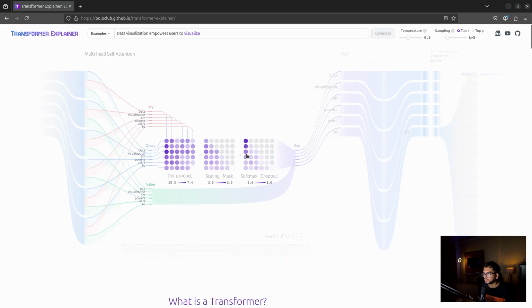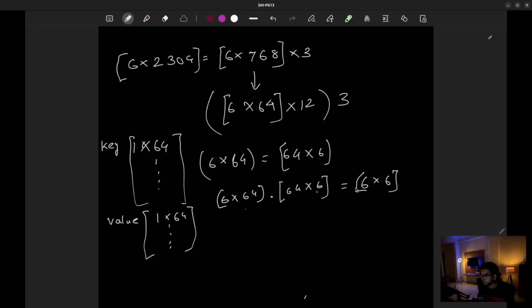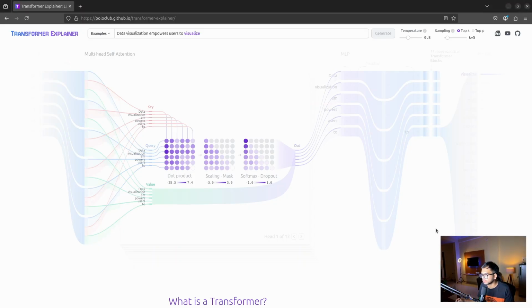If you hover over any number here, you will get a value below 1 and above -1, like 0.84, 0.63, and so on. After doing all of this, there is no dimensionality change. We are still at a 6 cross 6 matrix.